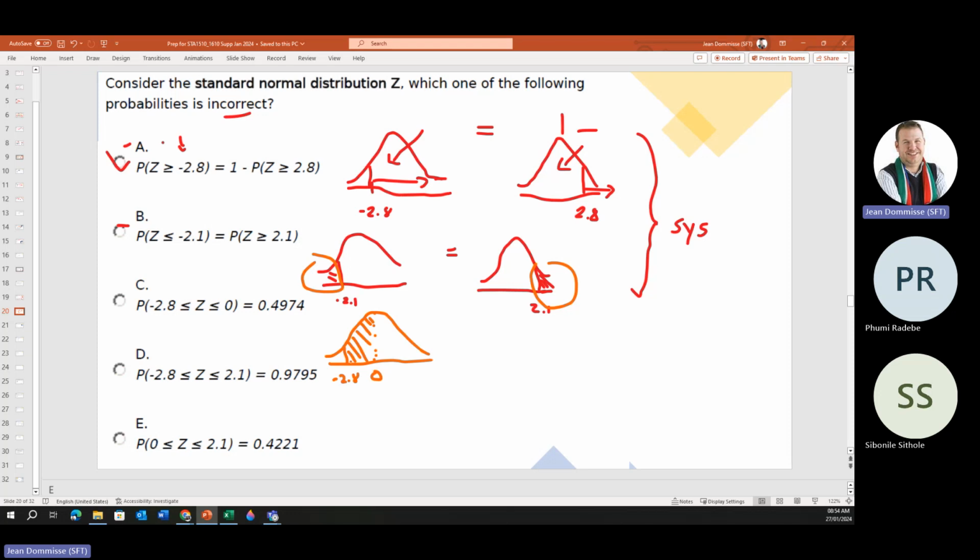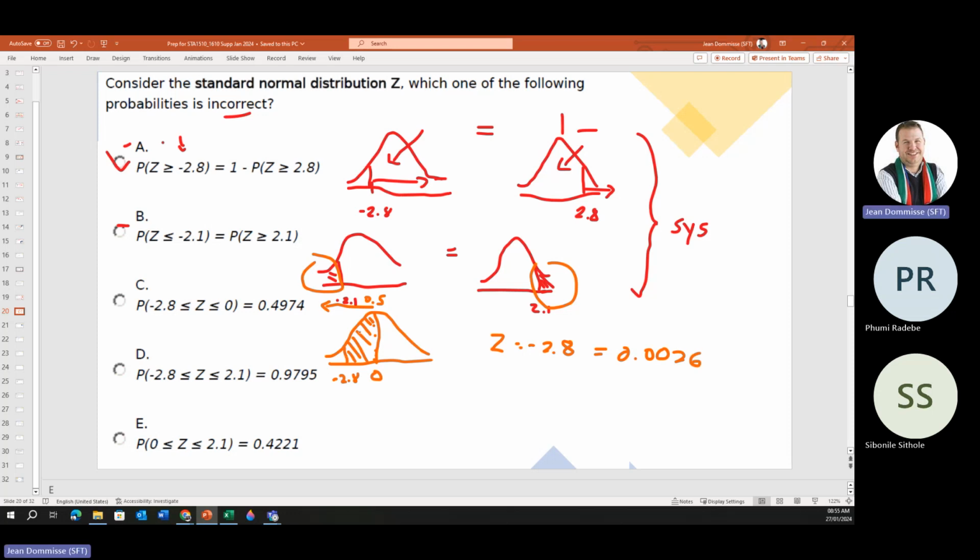Here the easiest probably is, remember at 0, this whole area is 0.5. So what I will do is go to my Z table, the minus Z table. Where Z is equal to minus 2.8, I get that the probability is 0.0026.